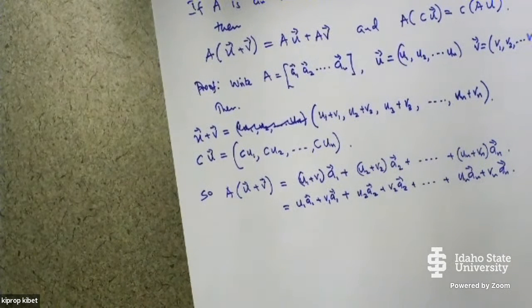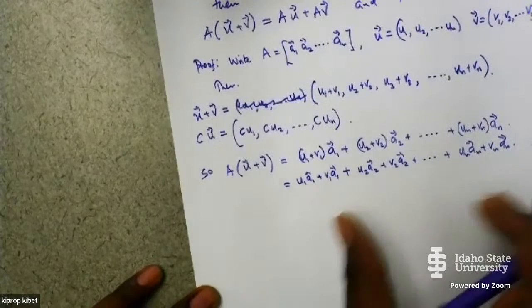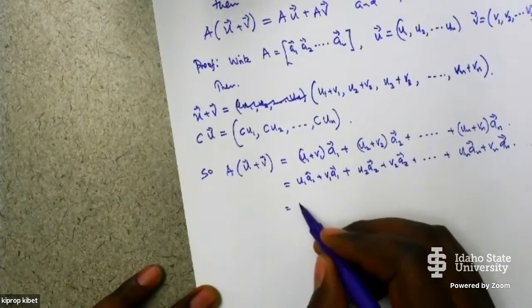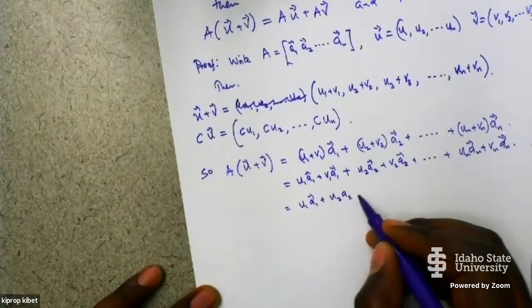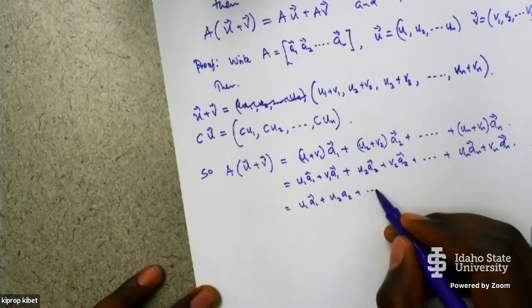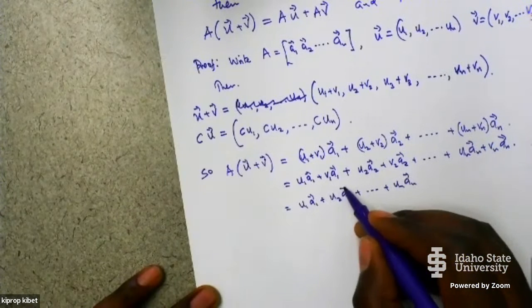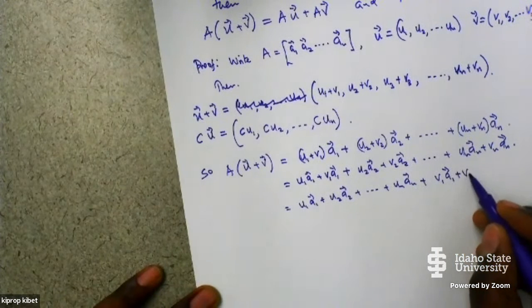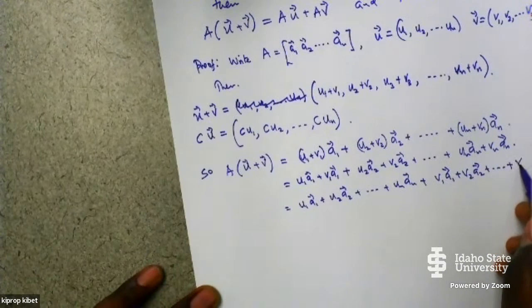So again, when we collect the like terms, this is the same as U1 A1 plus U2 A2 plus UN AN, plus V1 A1 plus V2 A2 plus VN AN.